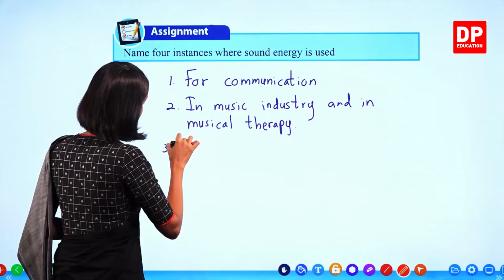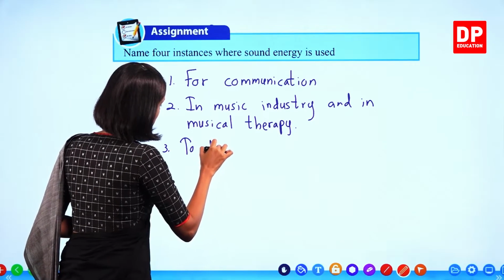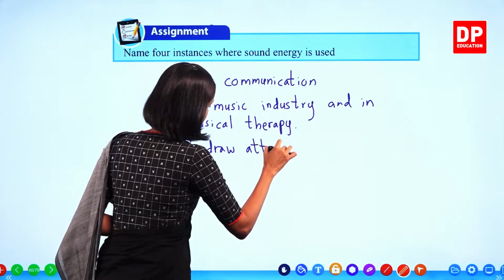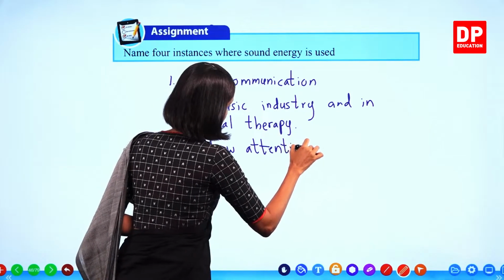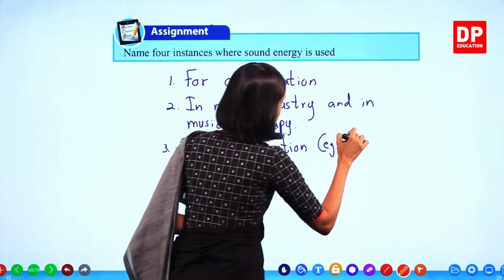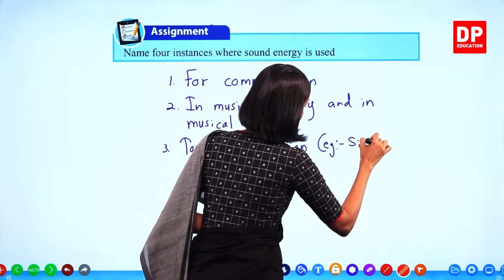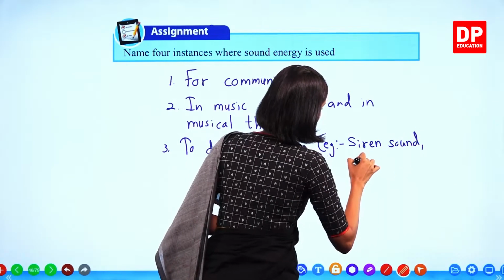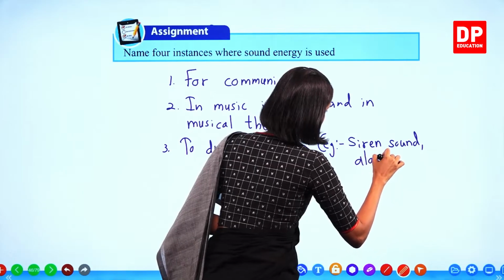Then write to draw attention. What are the examples? Siren sound, alarm clocks.